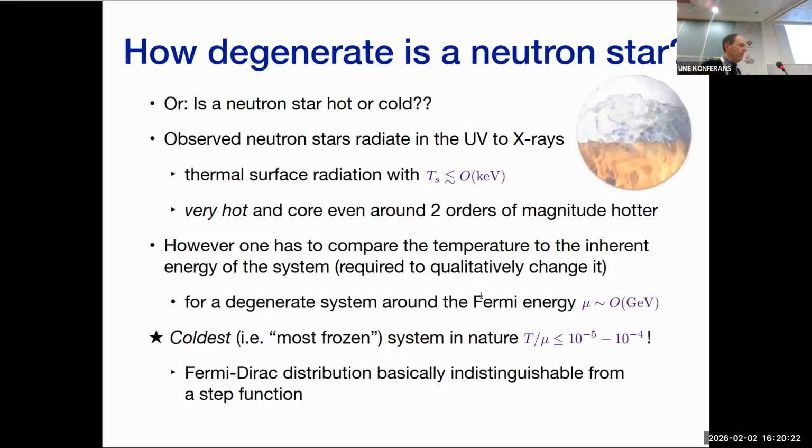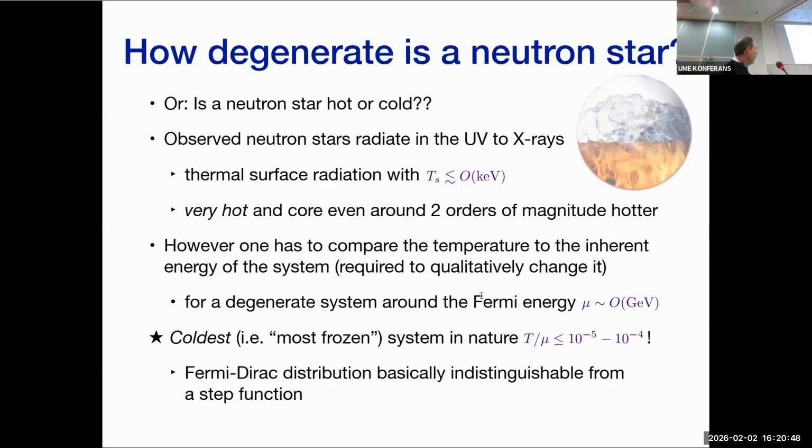But then again, to actually judge this, you have to compare to the characteristic energy scale of that matter, right? And it's a strongly degenerate system. The question then would be, how much energy do you have to provide to change that system, to somehow melt that condensate? And that energy is of the order of the chemical potential, which is a GeV, right? And so I just want to point out how dramatic this is.